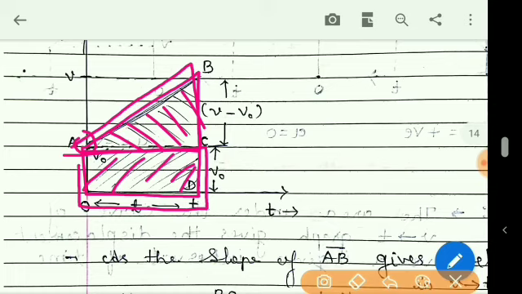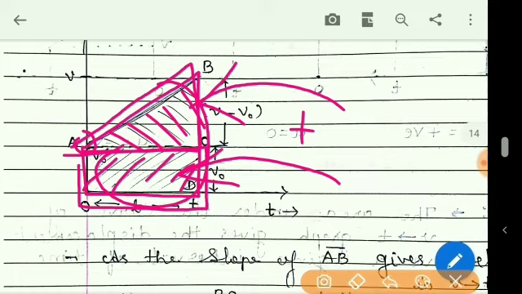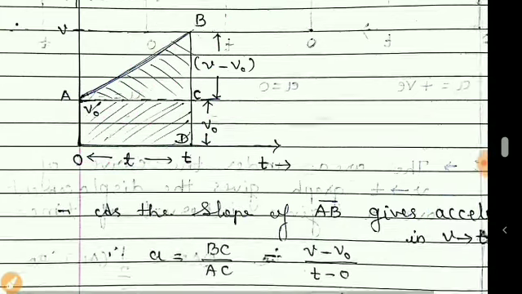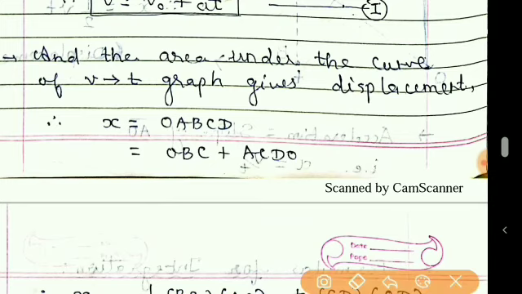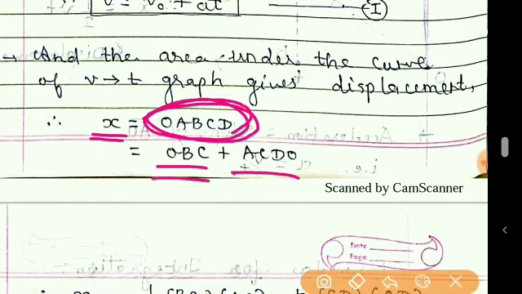So we'll find the area of the triangle, the area of the rectangle, and we will add both. So we'll get the total area. So let us do the mathematical steps here. Displacement is the area of OABCD, but this whole region OABCD is nothing but triangle plus rectangle.